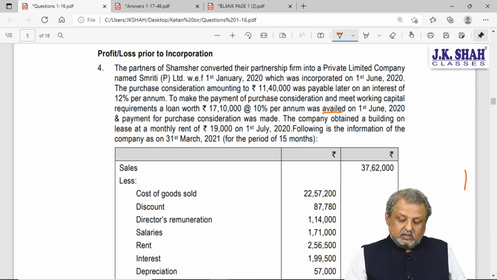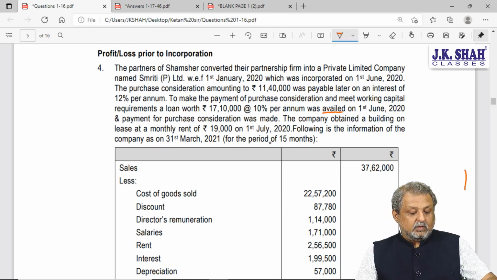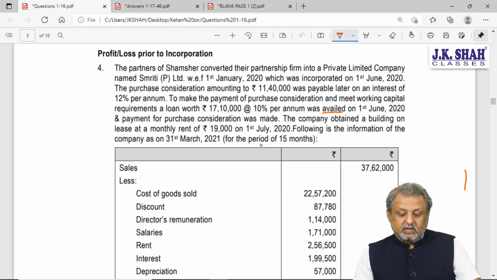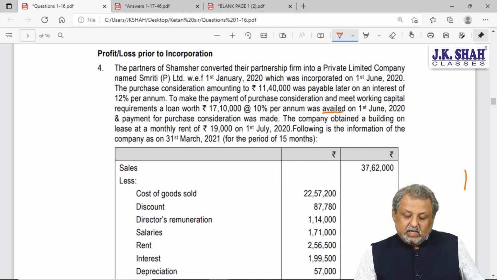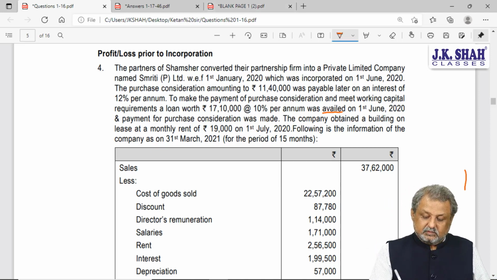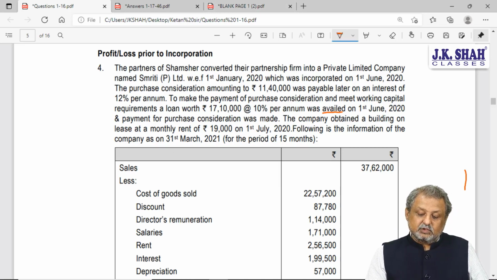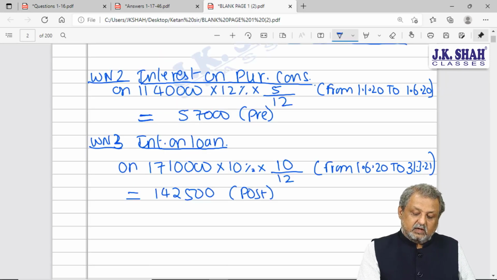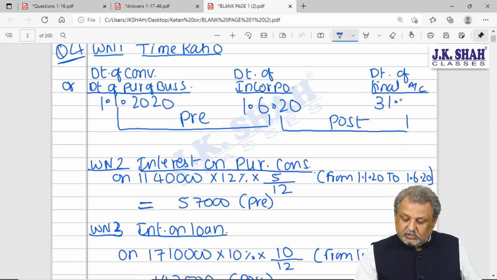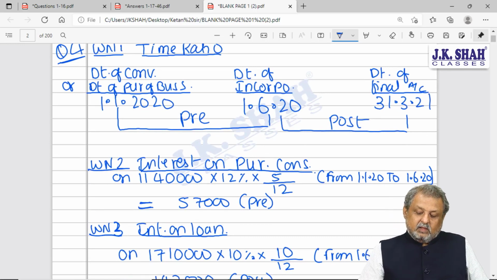Everybody? The company obtained a building on lease at a monthly rent of 19,000 on 1st July 20. So there will be rent also. But rent will be from 1st July, 19,000. Okay. So that we will see. And the following information is on 31st March 21. That is for 15 months. So your final accounts date is 31st March 21. So pre-period is 5 months.